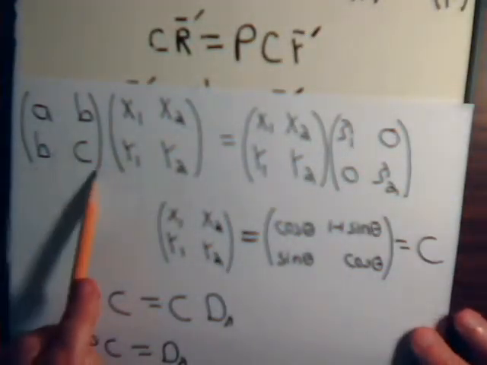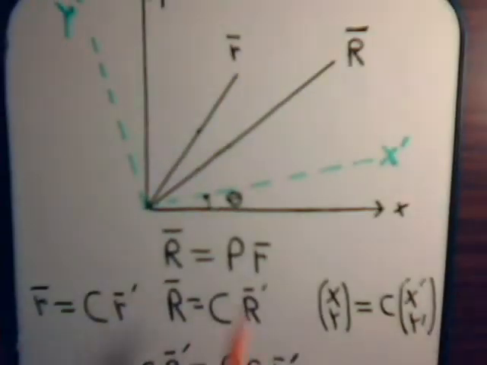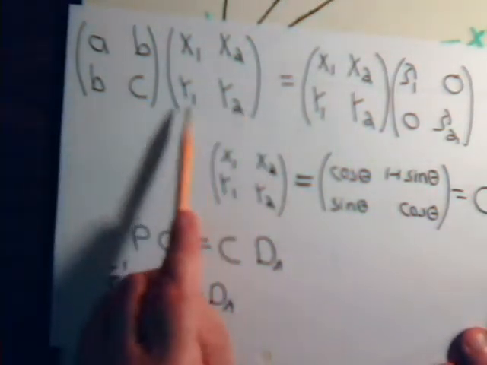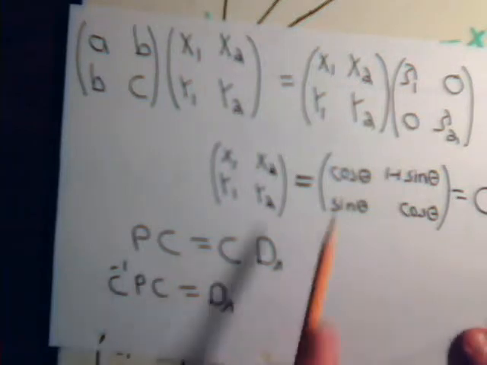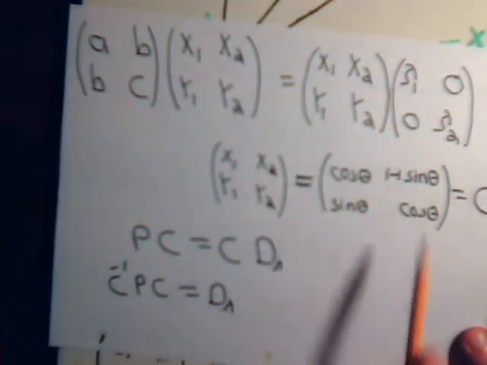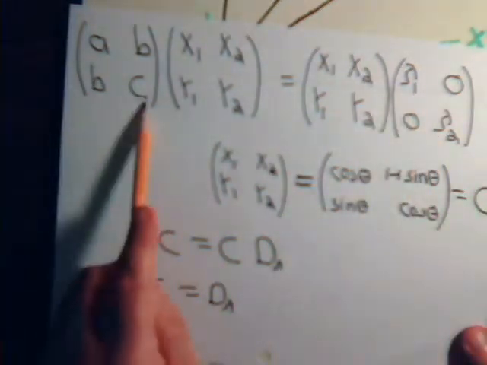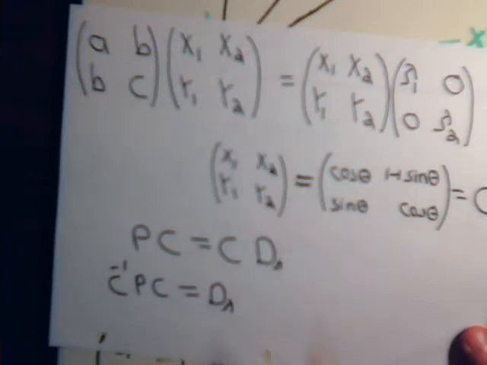So what do we have? This was matrix P. That was this matrix here, a symmetrical matrix. So this is matrix P. This is matrix C. This is matrix C. And this is a diagonal matrix, comprised of the eigenvalues of our matrix P. So we have this equation.